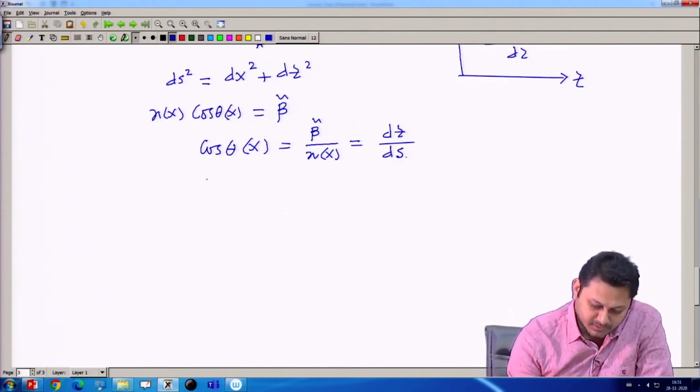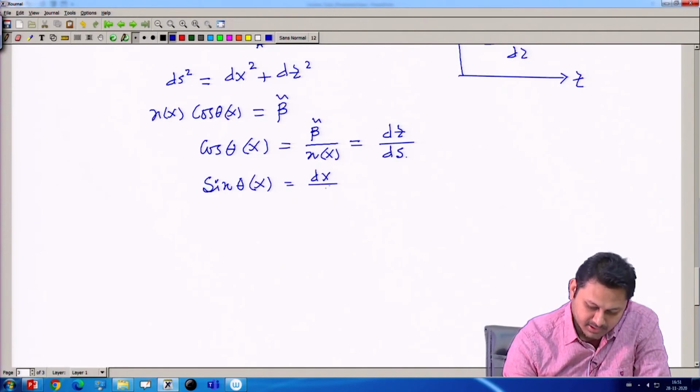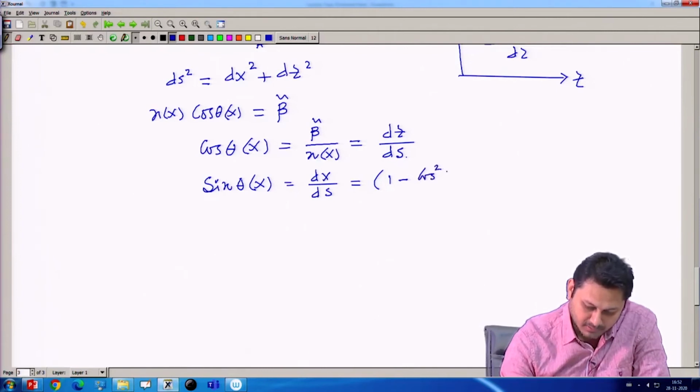Using that, I can also write sin theta of x, which according to the geometry is ds divided by s, and that quantity is (1 minus cos square theta, which is a function of x) whole to the power of half.